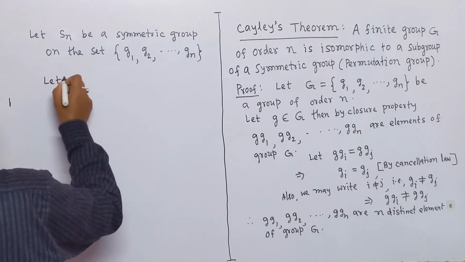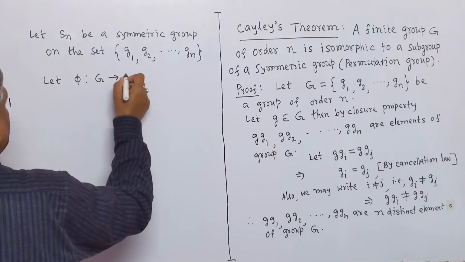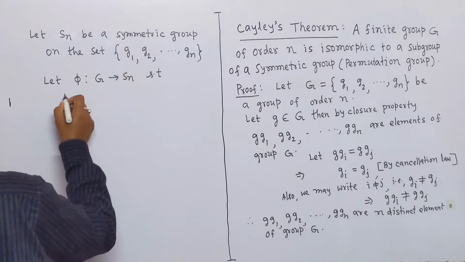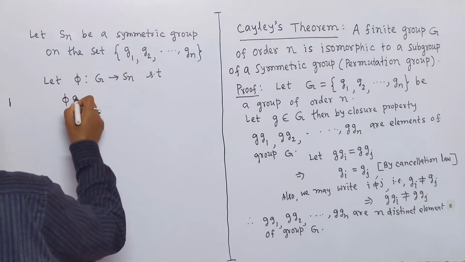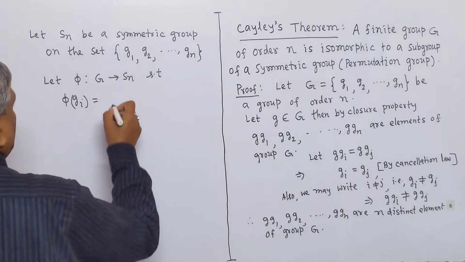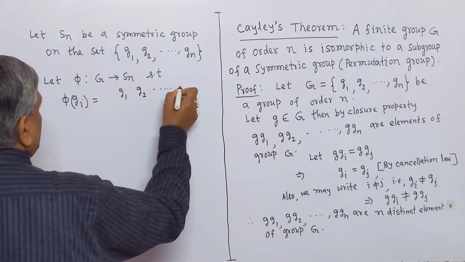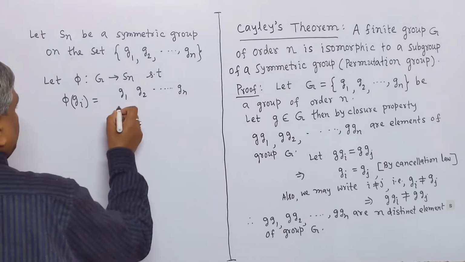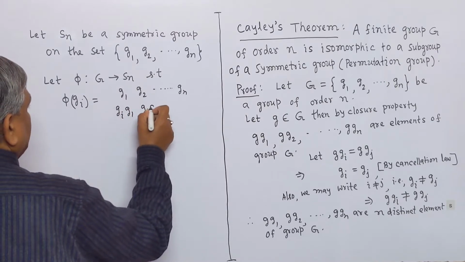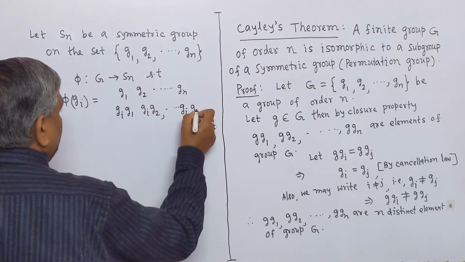Let phi be a mapping defined on G into Sn such that phi of gi equals the permutation with g1, g2, ..., gn mapped to gi g1, gi g2, ..., gi gn.